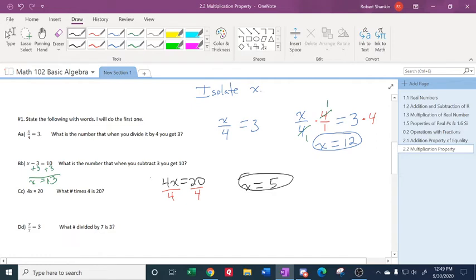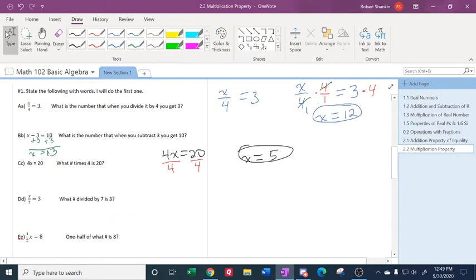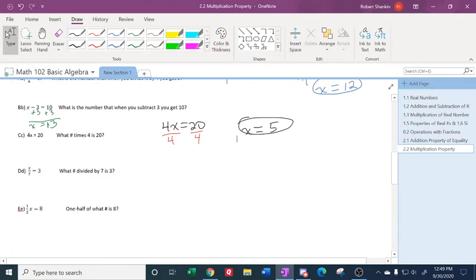And then you do these last two, d and e. Use the solution process for both of these.